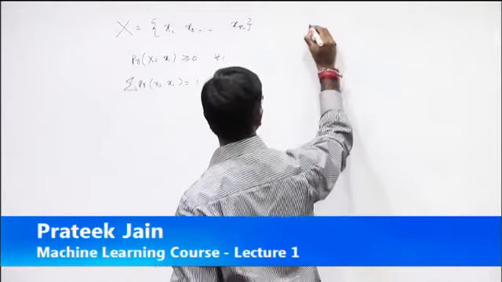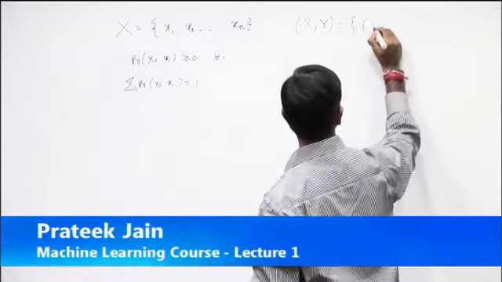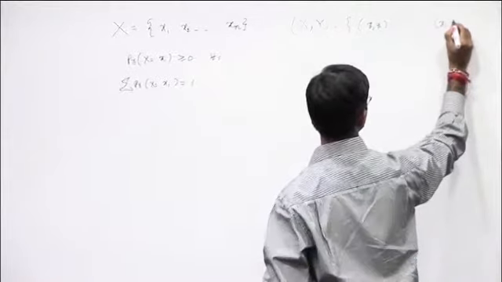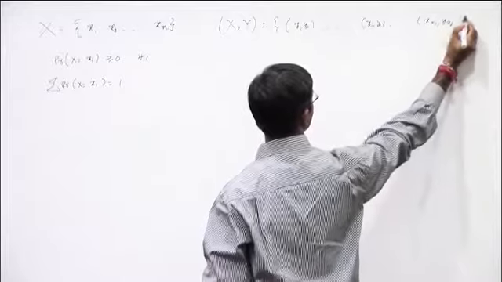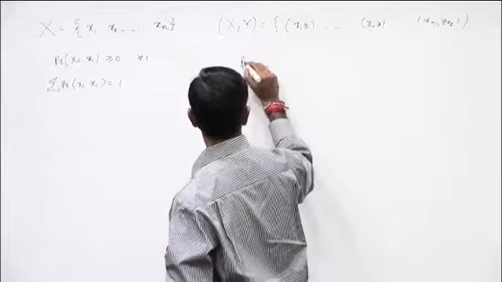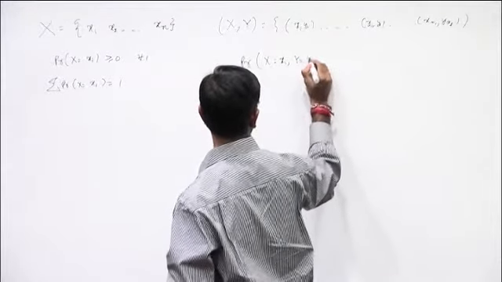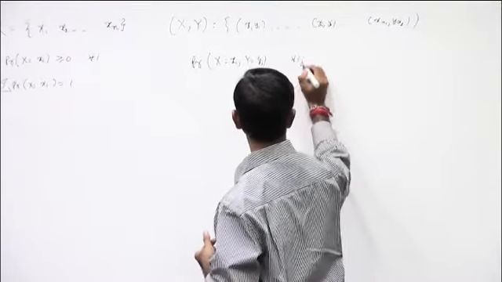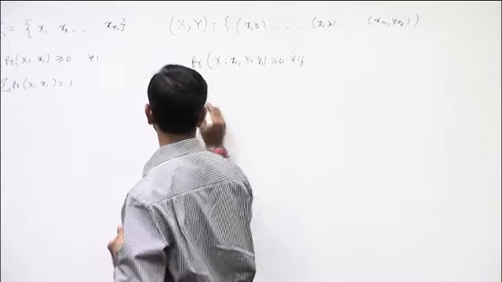So let's consider a joint random variable which can take values (x1, y1), and so on, (xi, yj), and then maybe (xn1, yn2). Here again we can define this joint probability distribution given by these numbers p_ij for all i, j. They should be greater than or equal to 0, and similarly the summation over i, j should equal 1.